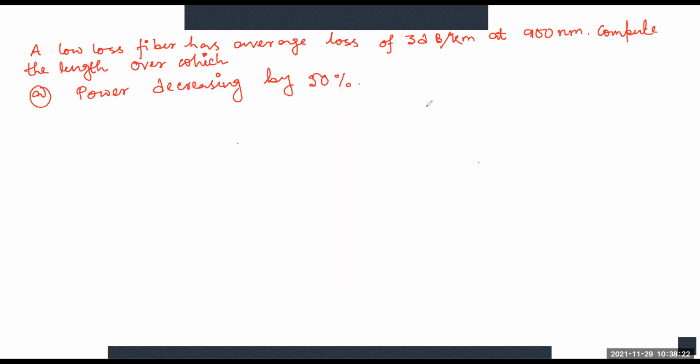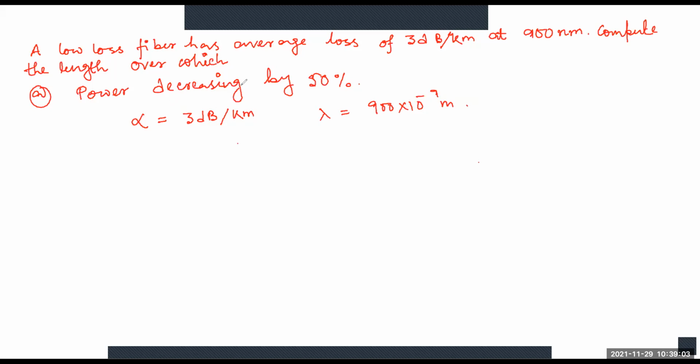From this question, some data is given to do the math. First, alpha equals 3 dB per km. Alpha means the attenuation coefficient, and lambda is 900 nm, so we can write 9 into 10 to the power minus 7 m.